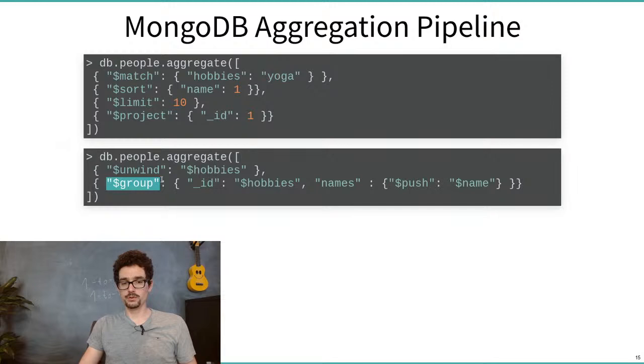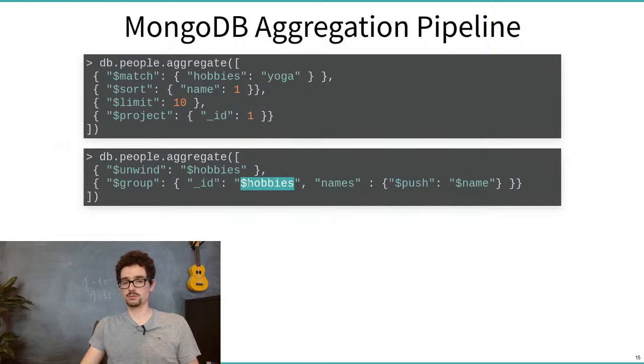And for a group step, like in SQL, we can say by what do we want to group? I want to group by hobbies. And which aggregation function do I want to use?